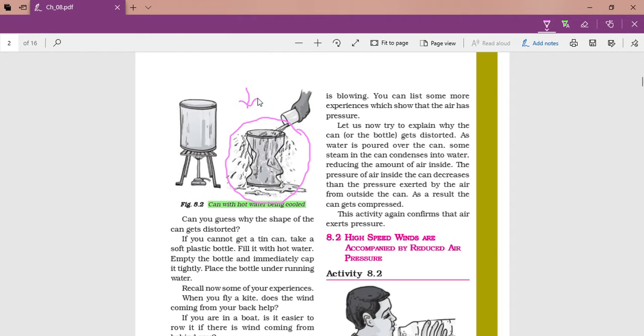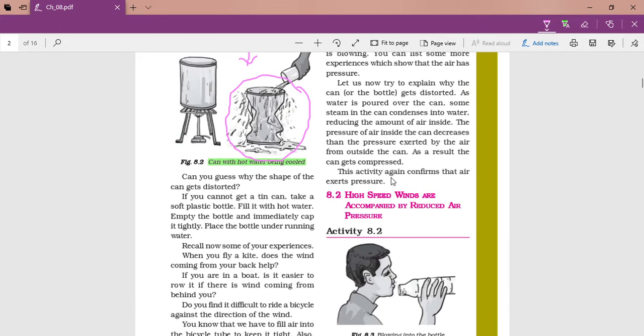You can also do this activity with a bottle. Take a soft plastic bottle in place of the can and perform the same activity. Fill it approximately half with hot water, empty the bottle and immediately cap it tightly. Then place the bottle under running water.